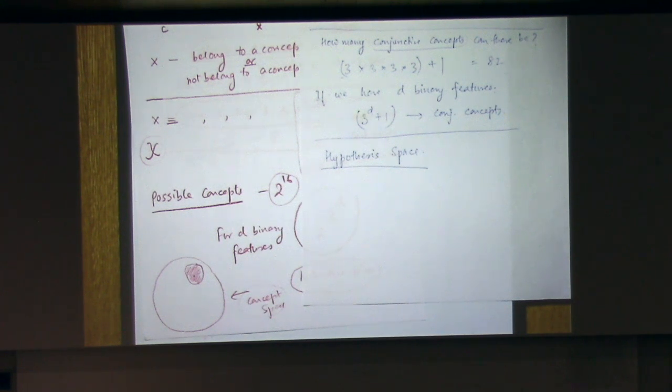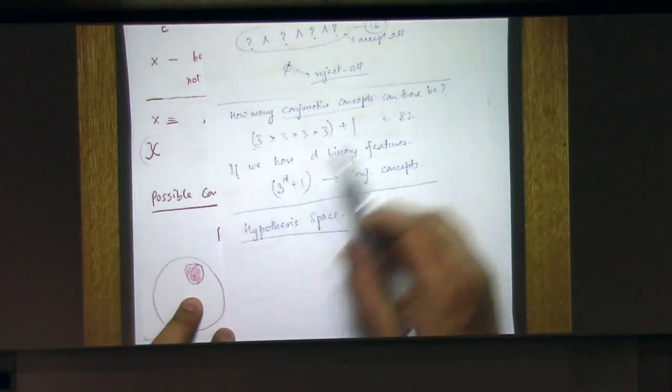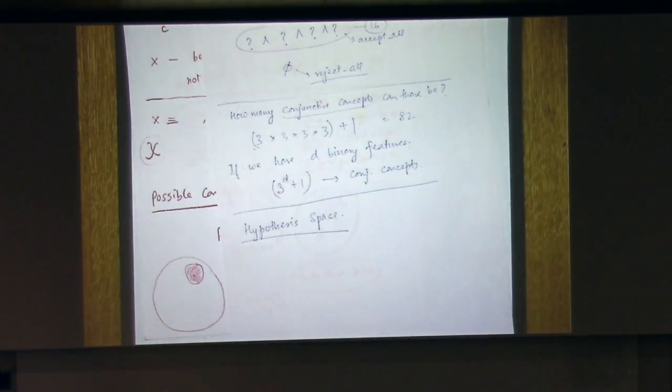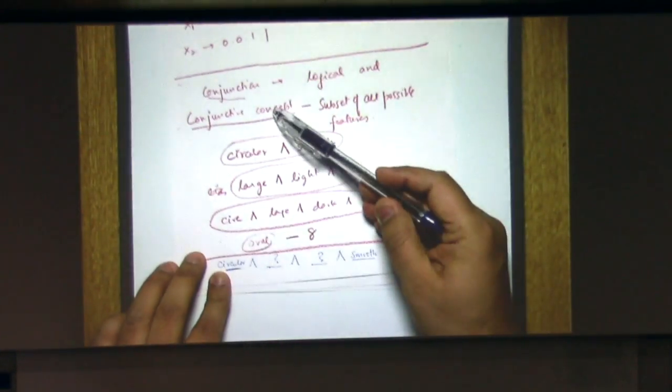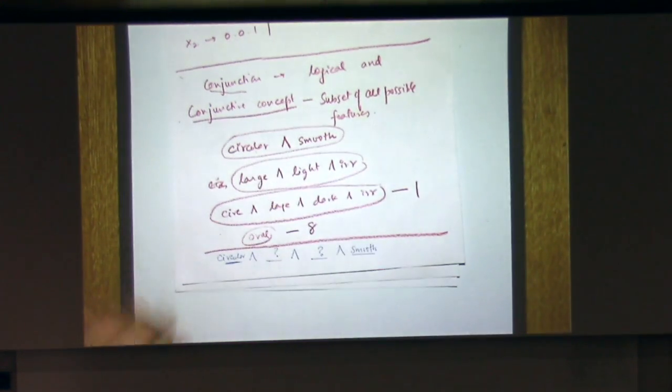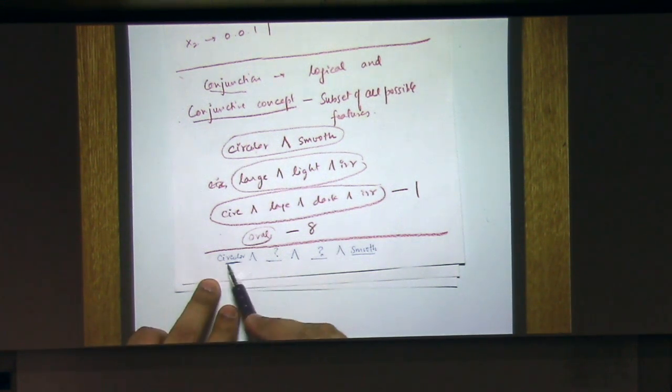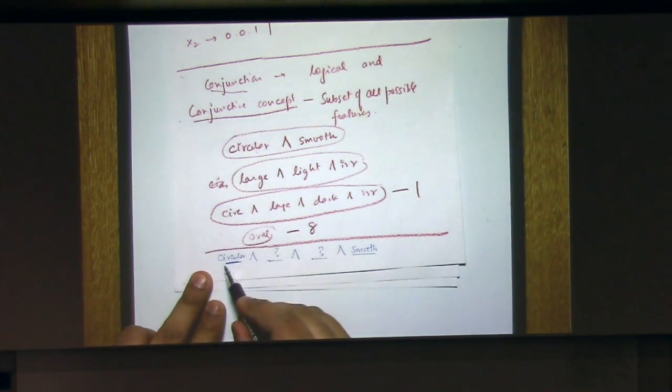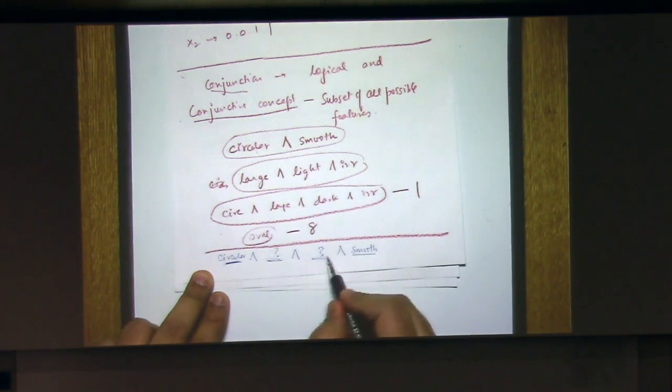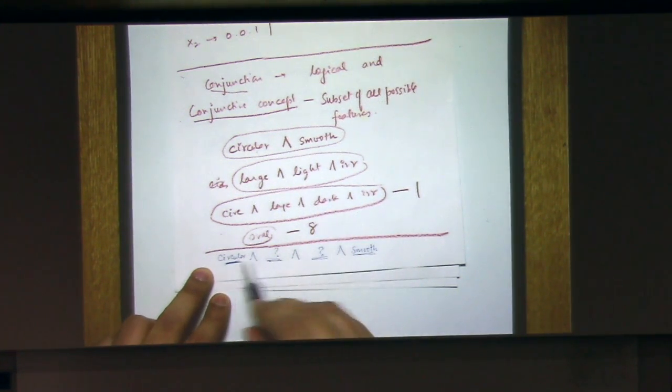Okay. So the question is, how did we arrive at this 82, or 3 power d plus 1, right? For that, let's look at how we represent a conjunctive concept. Remember, a conjunctive concept is essentially a subset of feature values that you do an AND of. As I told you earlier, we can represent every concept as these 4 place marks, and then we can put stuff there.